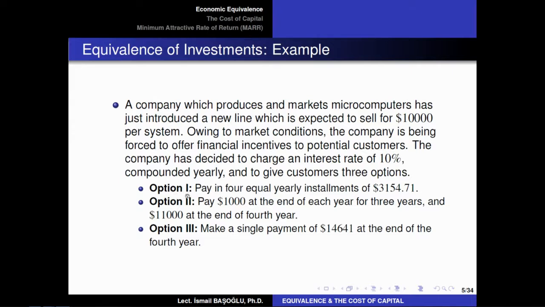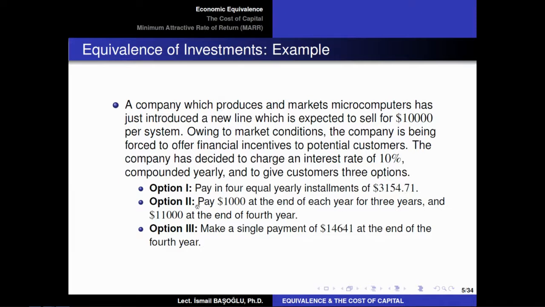In option one, the customer may pay in 4 equal yearly installments of $3,154.71, which means instead of paying $10,000 immediately, at the end of each year for 4 years, the customer may pay $3,154.71.